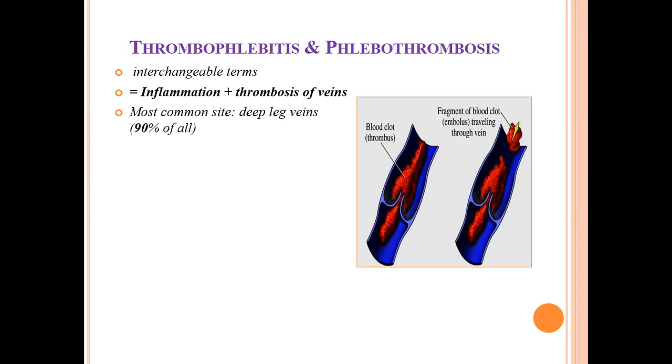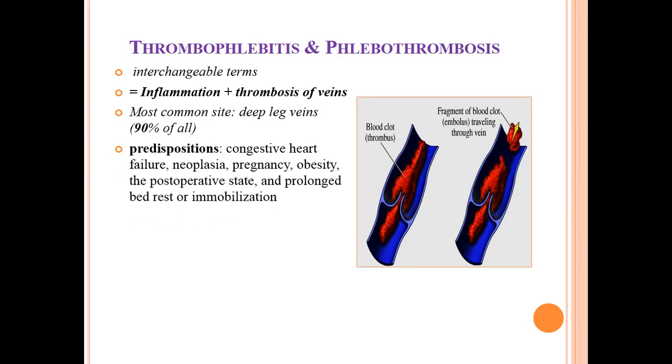This condition is quite common, and the most common site affected is the deep leg veins. More than 90% of all cases are seen within the deep leg veins. Predisposing factors for thrombophlebitis include congestive heart failure, neoplasia, pregnancy, obesity, the post-operative state, and prolonged bed rest or immobilization.